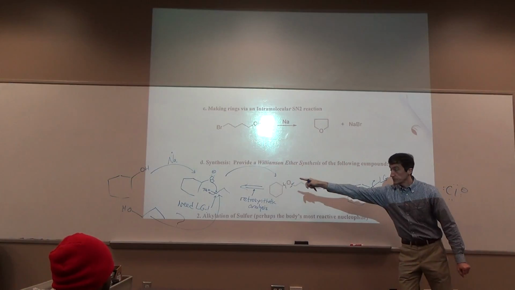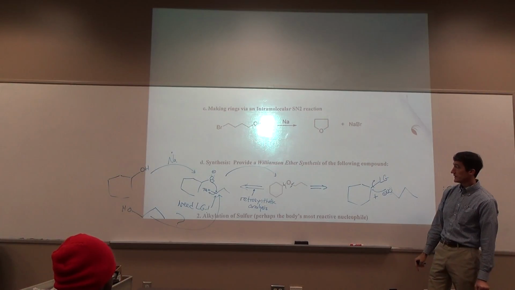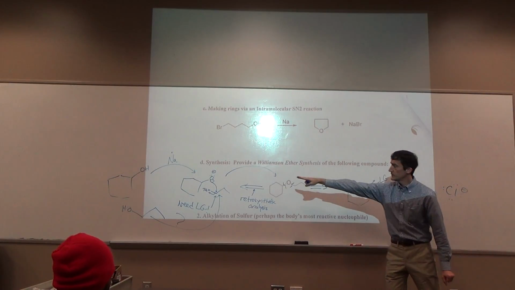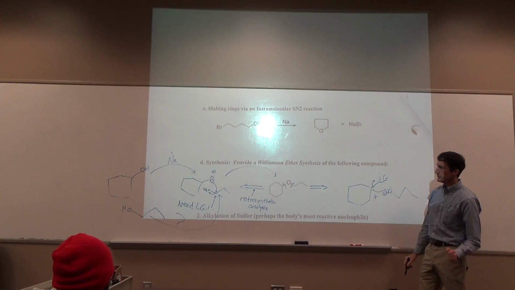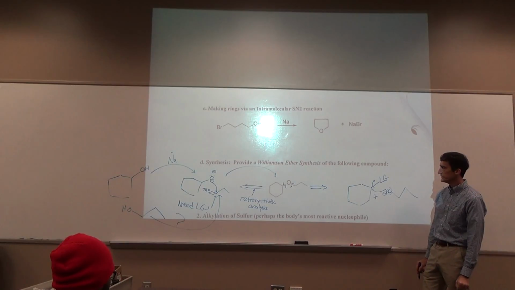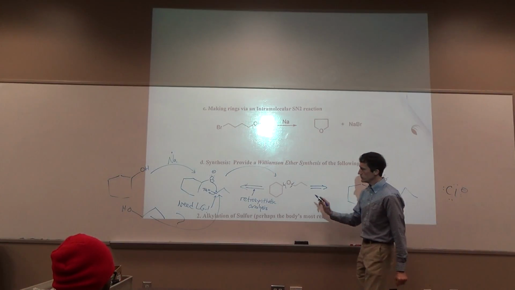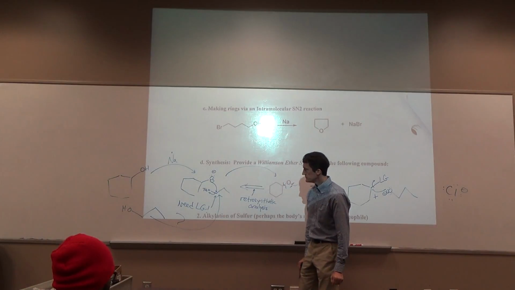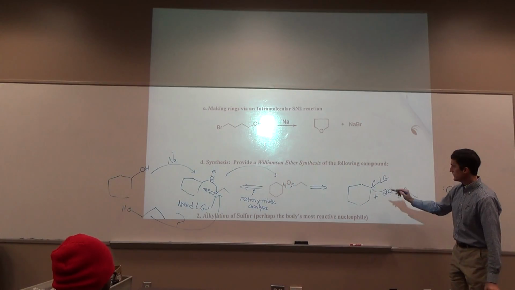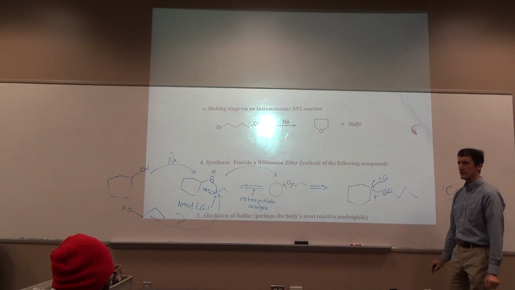Then you would only have one choice. I kind of like that one over there better, because the substitution of your leaving group is very important for SN2. I'd rather have my leaving group on a primary carbon, but that doesn't mean this can't work. If this was on a tertiary, it would not work.